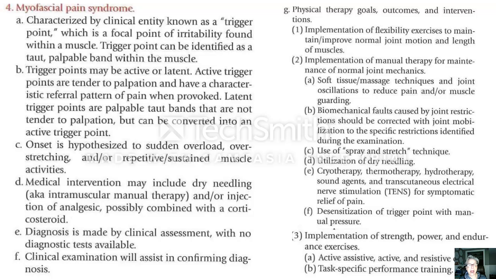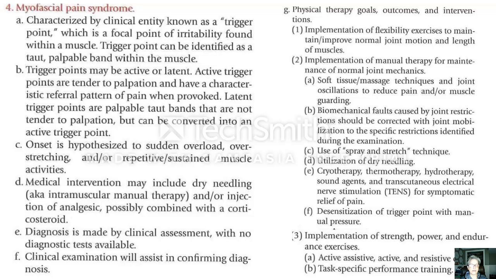Trigger points may be active or latent. Active trigger points are tender to palpation and have a characteristic referral pattern of pain when provoked. Latent trigger points are palpable taut bands that are not tender to palpation, but can be converted into an active trigger point.